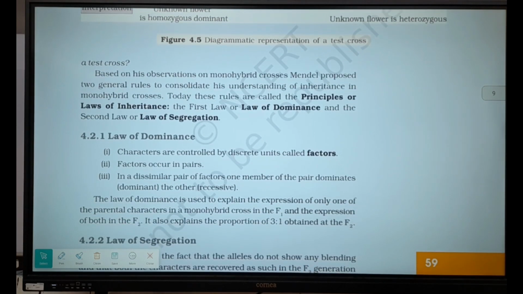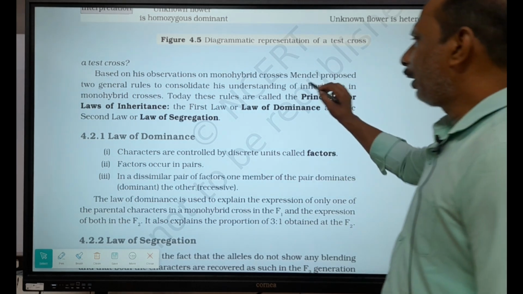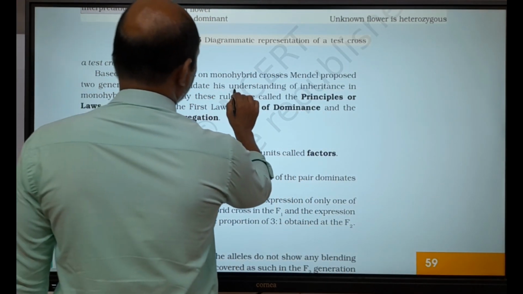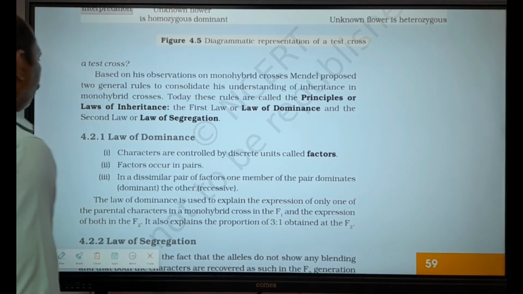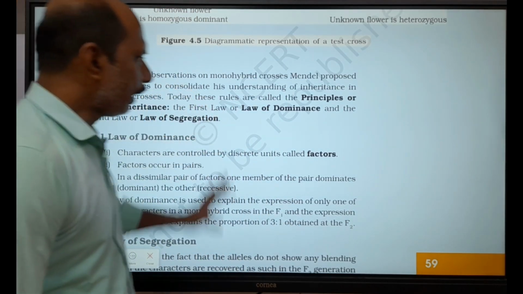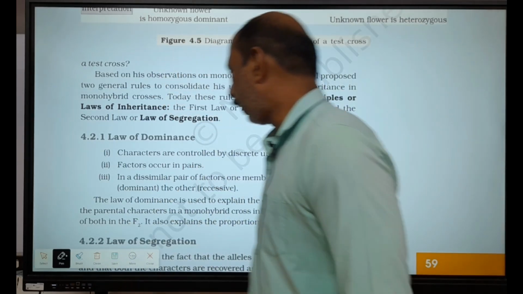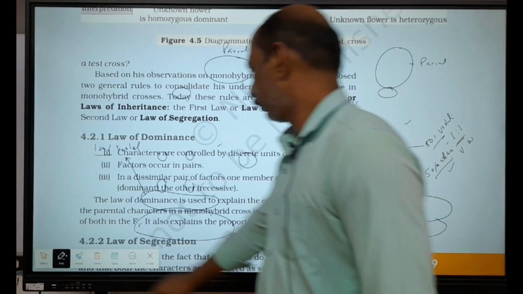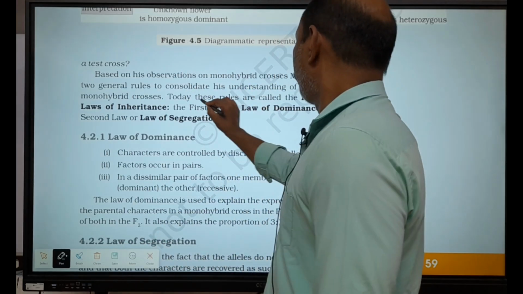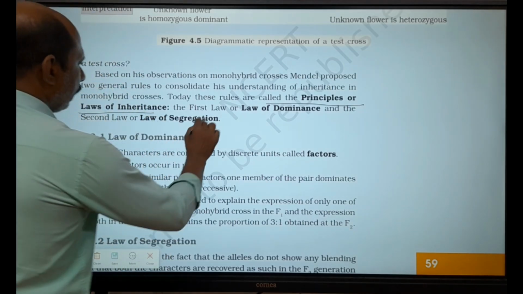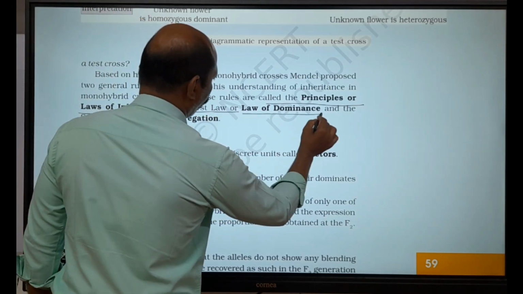Based on his observations on the monohybrid cross, Mendel proposed two general rules to consolidate his understanding of inheritance, and today these rules are called the principles or laws of inheritance, right? The first law is the law of dominance.